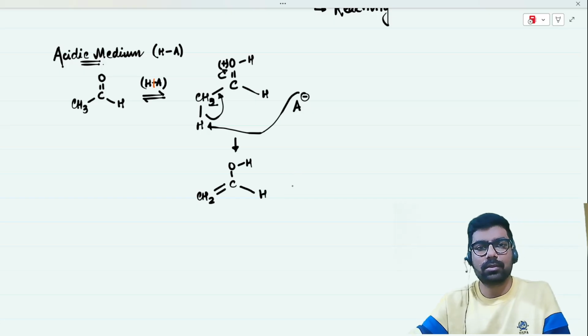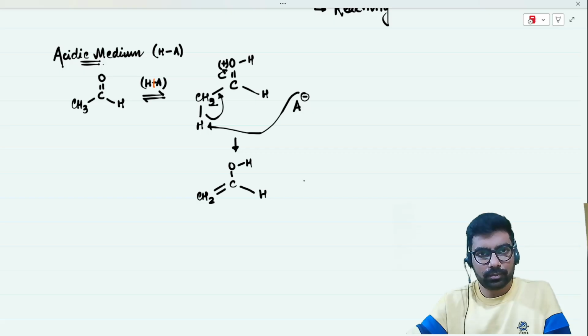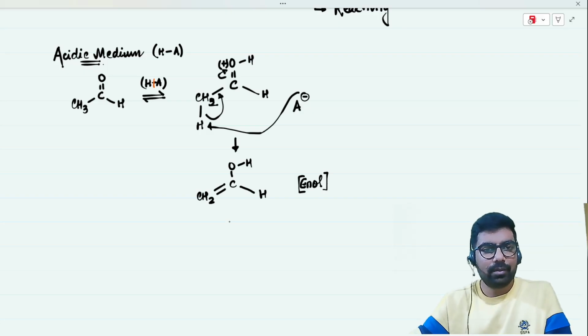This intermediate is basically called an enol, right? There is an alcohol group and alkene. So enol intermediate, right? Now again there will be unreacted molecule over here.